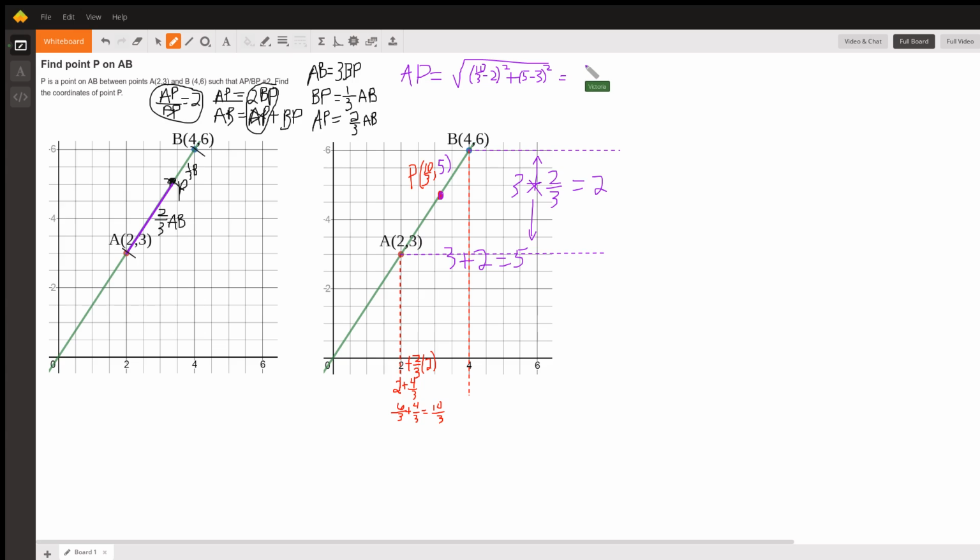That gives me 2 times the square root of 13 over 3.